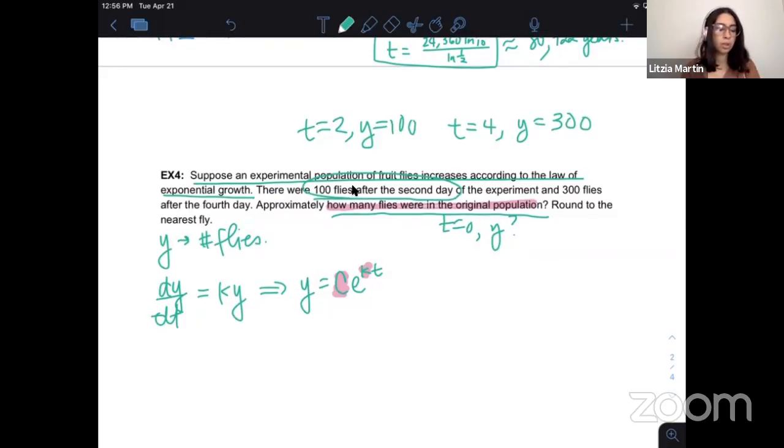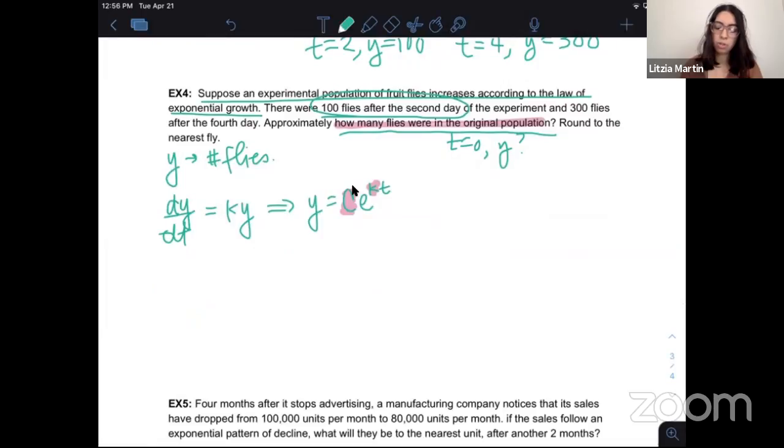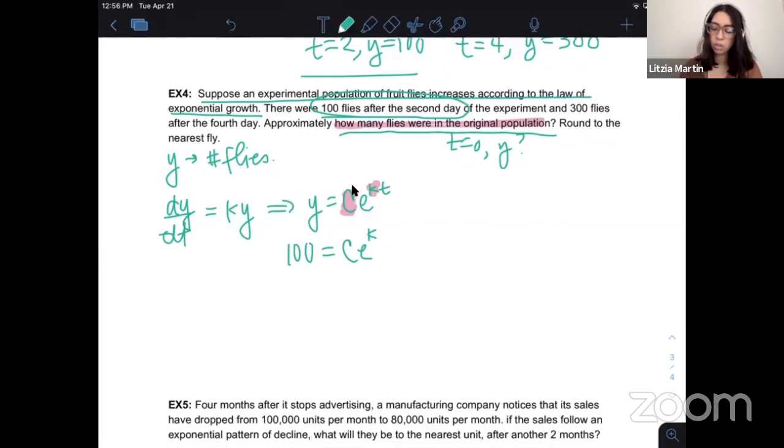So we're also going to be using that. So we'll start with this one. 100 is equal to c times e to the k times 2.